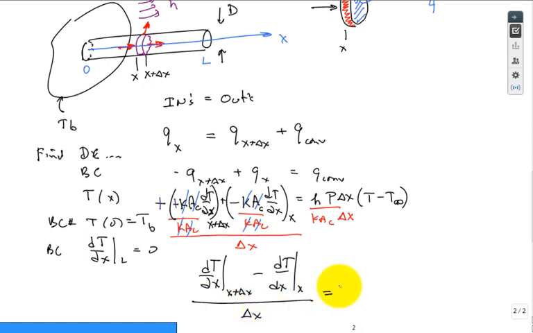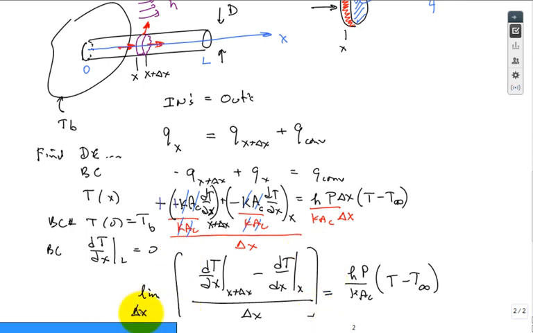That's equal to h p divided by k A sub c, times T minus T infinity. We are almost there for our differential equation. What do you do? You take the limit of that term as delta x goes to 0.